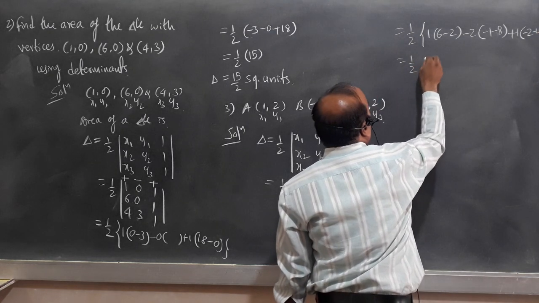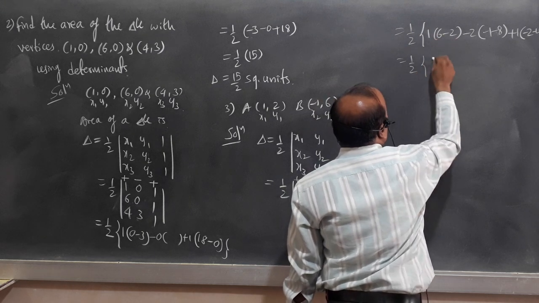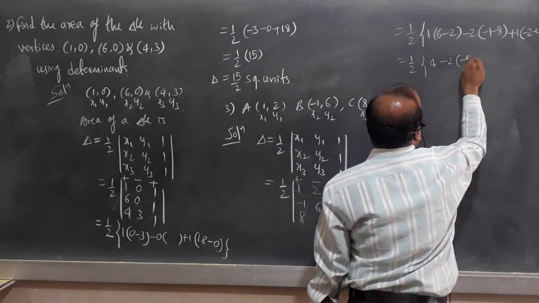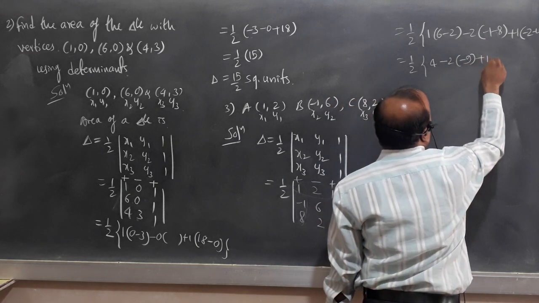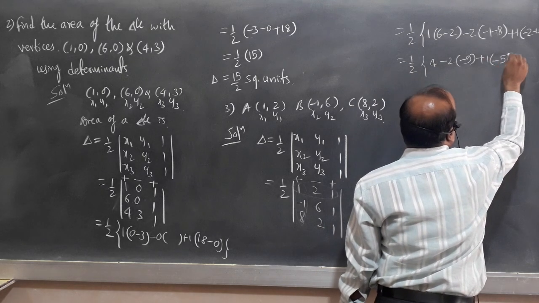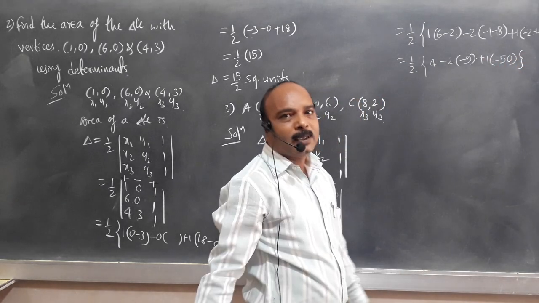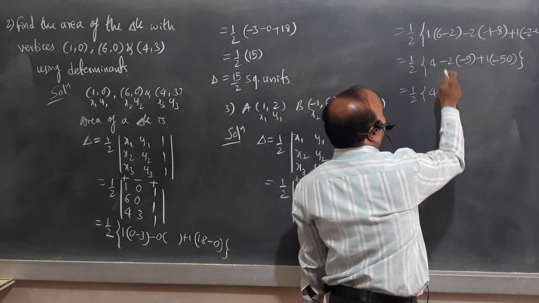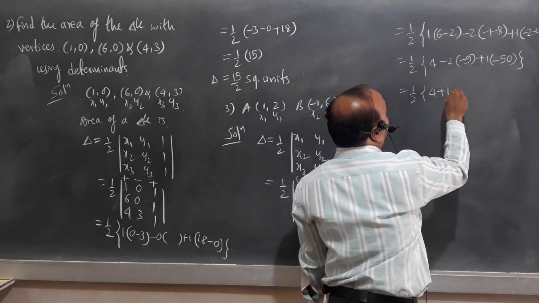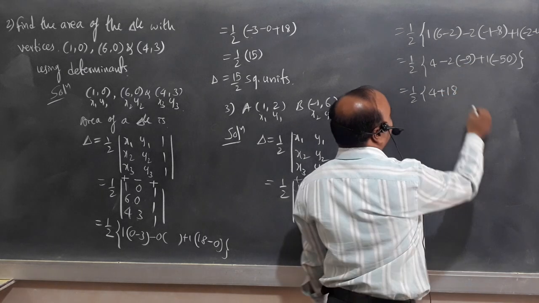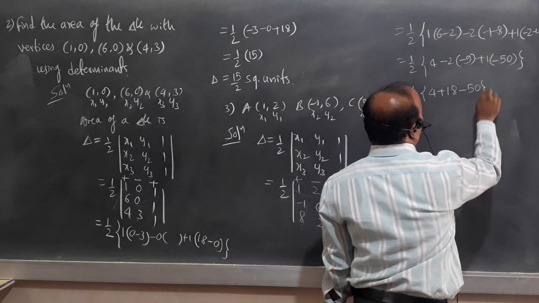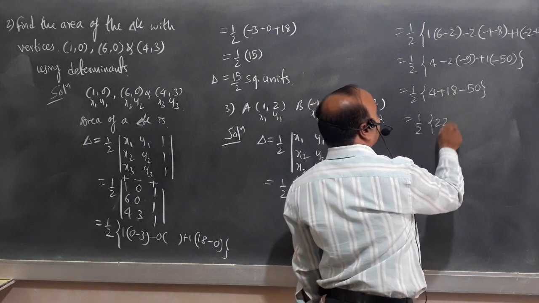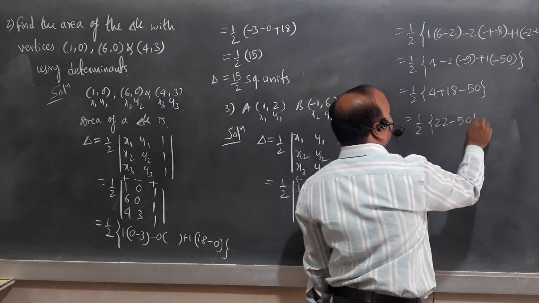Now it is 1 by 2, 6 minus 2 is 4, minus 2 into minus 1 minus 8 is minus 9, plus 1 into minus 2 minus 48 is minus 50. Now it is 1 by 2, it is 4, minus into minus is plus 18, minus 50. Now 1 by 2, 4 plus 18 is 22 minus 50.